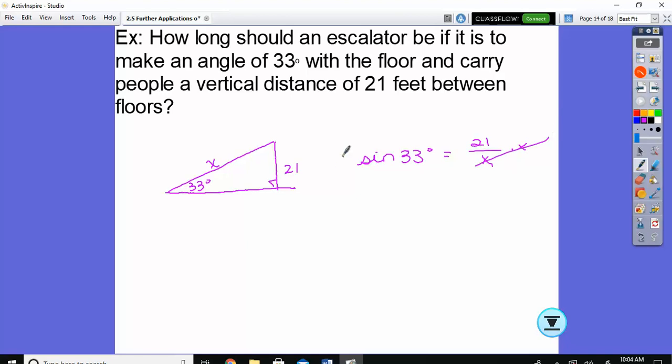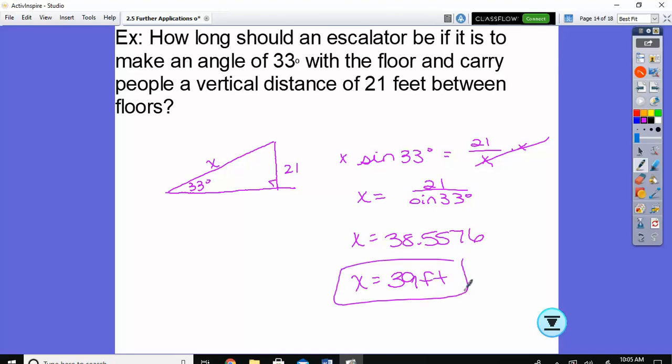If you multiply over your variable, then to get x by itself you have to divide. So 21 divided by the sine of 33 degrees. If I want significant digits, I gave you 2 in the problem, so you would say 39 feet.